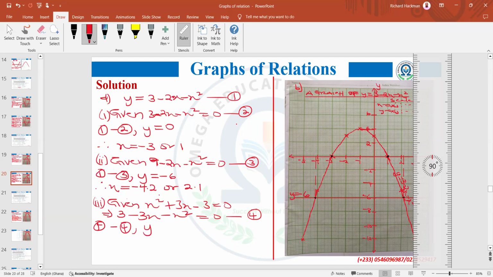We get y minus 0, which is y, is equal to 3 minus 3, which gives 0, then minus 2x minus 3x, so minus 2x plus 3x, which gives x. Is that clear? So I'll write x here.